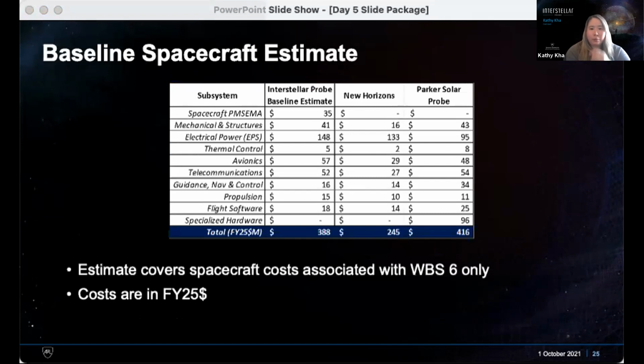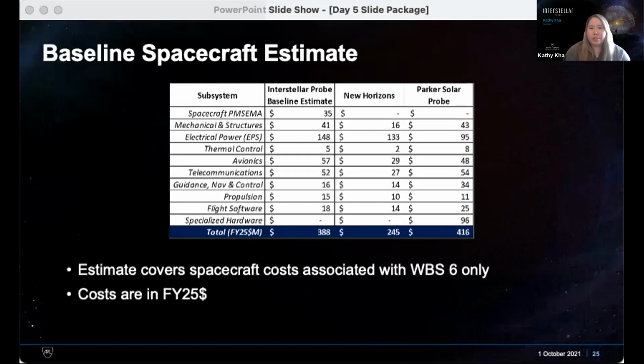Okay, and then here we have our baseline spacecraft estimate. So you have the Interstellar Probe baseline estimate as the second column there, that's 388. And then you'll see the comparisons to New Horizons and Parker Solar Probe. So we're pretty much in between a New Horizons and a Parker Solar Probe in terms of cost.